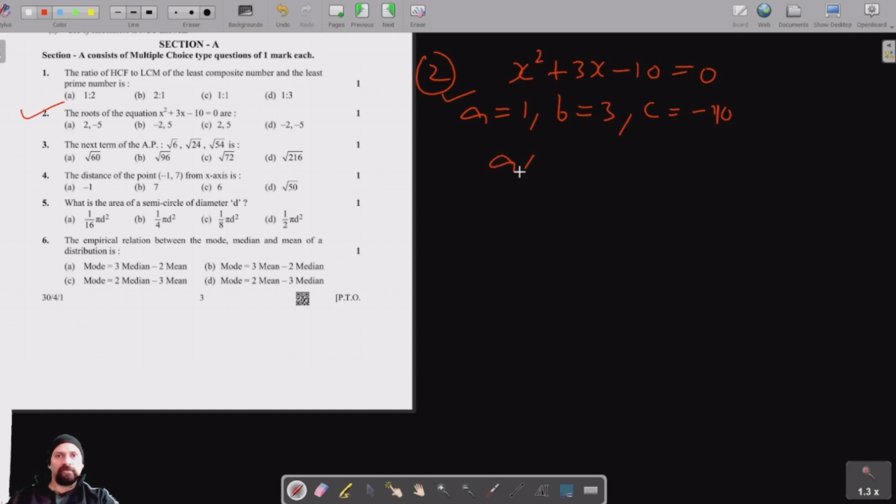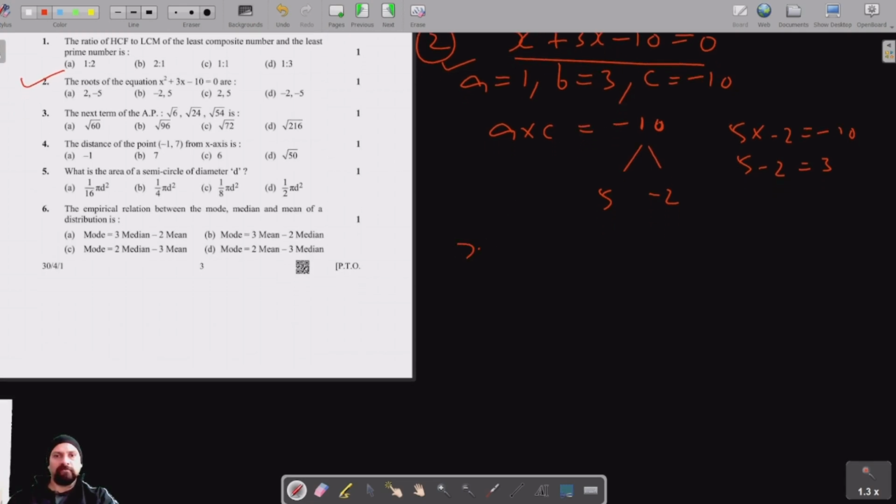If we multiply A with C, that gives us negative 10, so we have to find factors of negative 10 that when multiplied give negative 10 and when added give 3. So these are 5 and minus 2. So 5 into minus 2 is negative 10 and 5 minus 2 is 3.